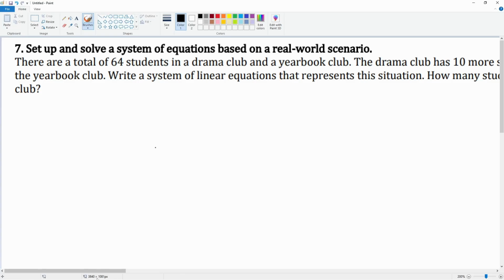Number 7, you're going to set up and solve the system of equations based on this real life scenario. There are a total of 64 students in a drama club and a yearbook club. Their totals are two nouns: the students in the drama club, so I'm going to use the letter D for that, and yearbook club, so the letter Y. They say there is a total of 64.